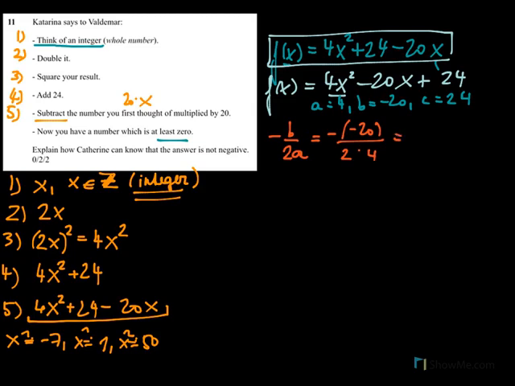That's equal to 20 over 8, which if we divide by 4, we get 5 over 2, so 5 halves, or just 2.5.